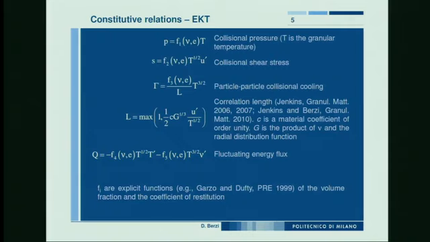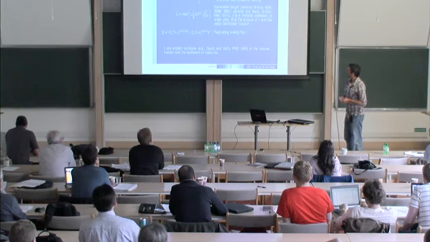But you can take into account this effect, as a first approximation, by decreasing the dissipation rate, okay? And by decreasing the dissipation rate, I mean that you have to introduce an additional length scale, which is a kind of measure of the size of a cluster.